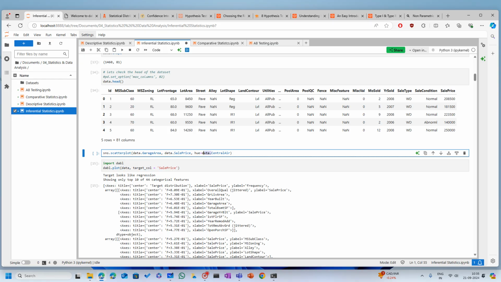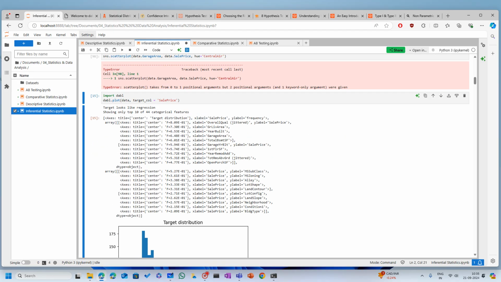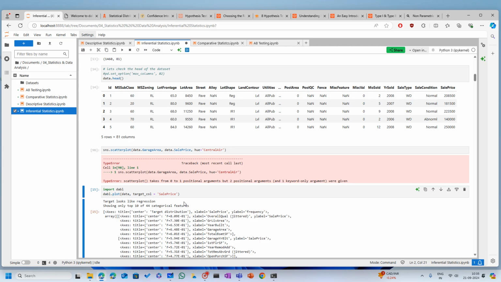Pass it as a string instead. Scatter plot takes 0 to 1 positional arguments but 2 positional arguments were given. Okay, fine.